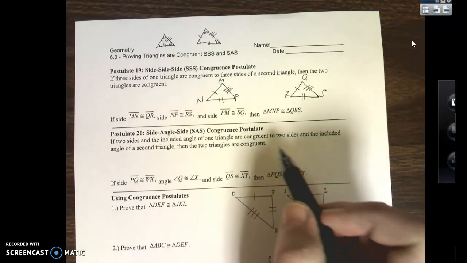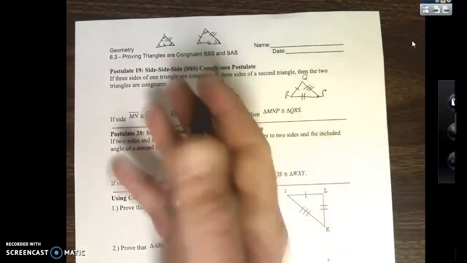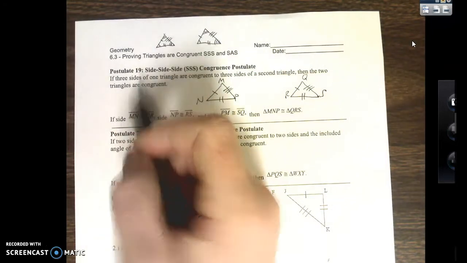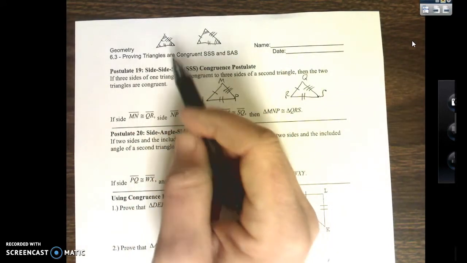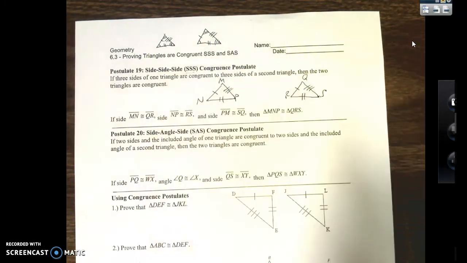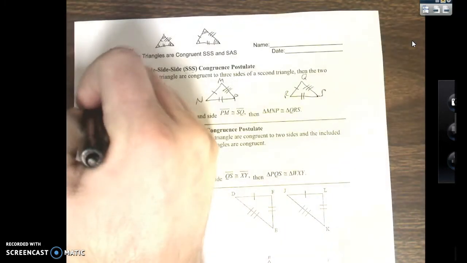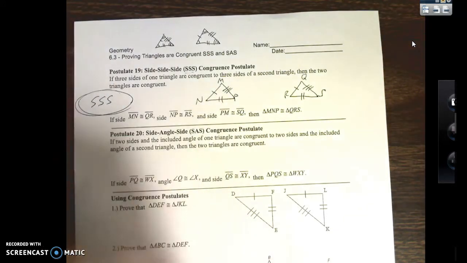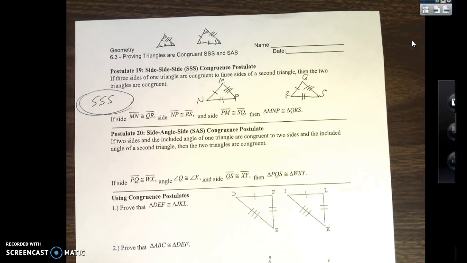Okay, so how is that different than up here? Well, I don't need the angles. So the cool part is if I just have the sides, I have enough by SSS to prove it. All right, so this is my SSS. This is our first big one. This is the easiest one. That's a difficulty level of, say, 1, because it's really easy to tell if all 3 sides are the same.